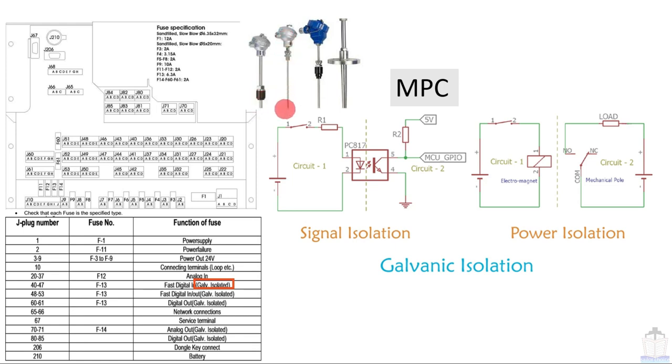This is the temperature sensor, analog input, this is the same, and this is also the same, analog input, and this is a digital input. So these various types of inputs are handled by this basic electronics circuit. This circuit basically does the signal isolation. We are now going to see in detail the function of this circuit with some animations.